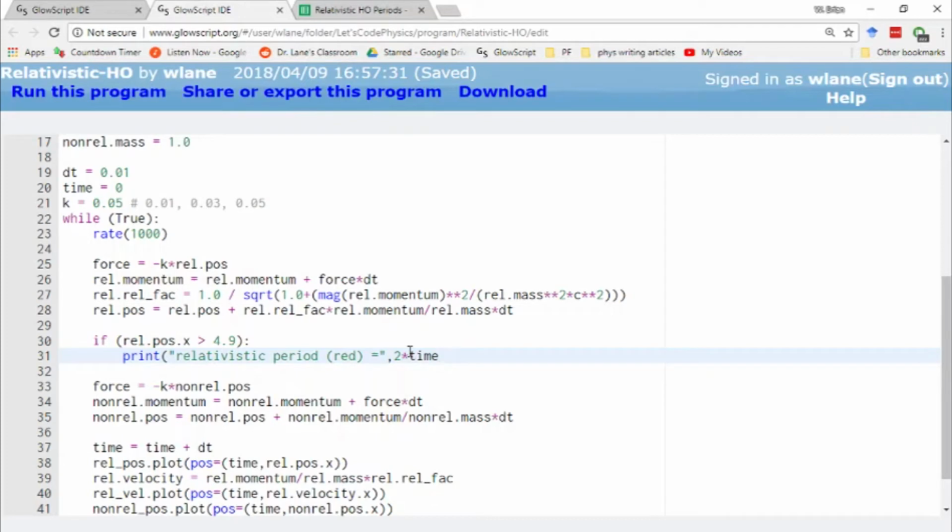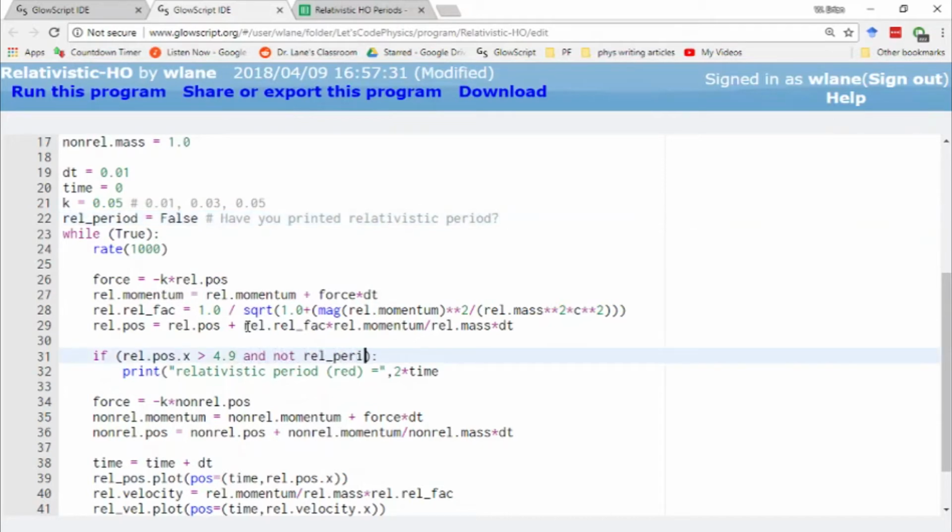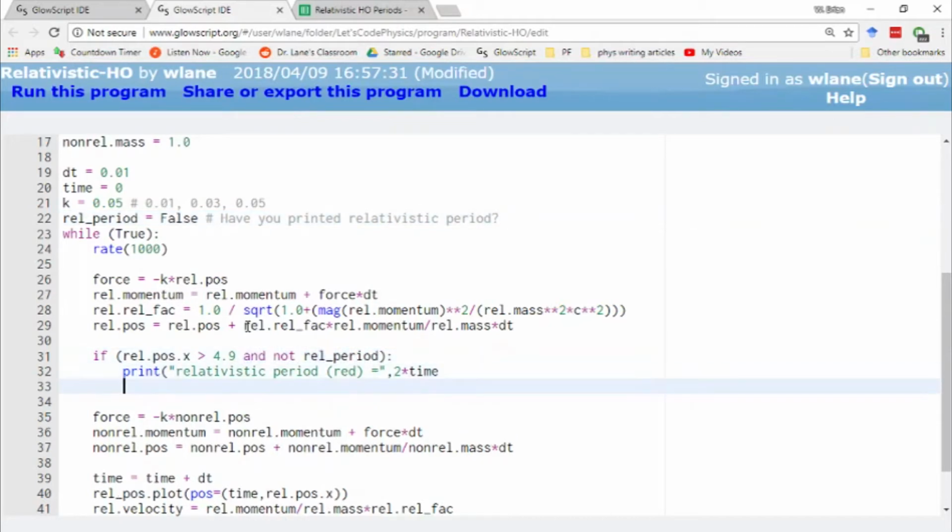Now, of course, I don't want it spitting that every single time, so I want to have a logical variable to say rel period. We'll start that out as false, and this is just, have you printed relativistic period yet? So we'll say, and not rel period, and then down here we'll say rel period equals true. And then I can do the same thing for the non-relativistic object.